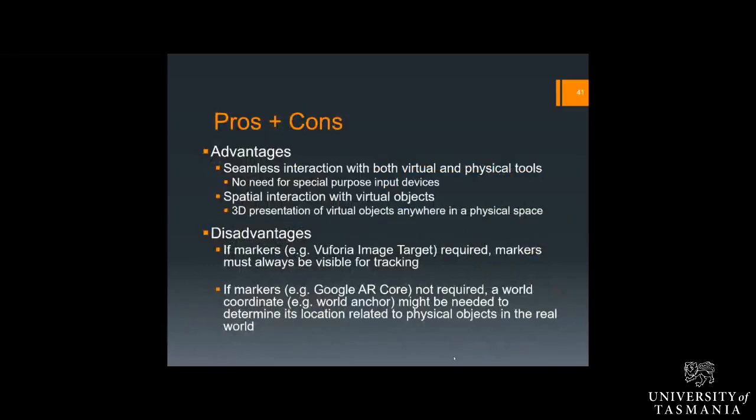The advantage for this one is seamless interaction with both virtual and physical tools. This one is just like Vuforia is representing now. So that one is spatial interaction with virtual objects. So now you can grab the object. But right now, if you use a webcam and you use the marker on your phone, your marker on your phone becomes interacting.